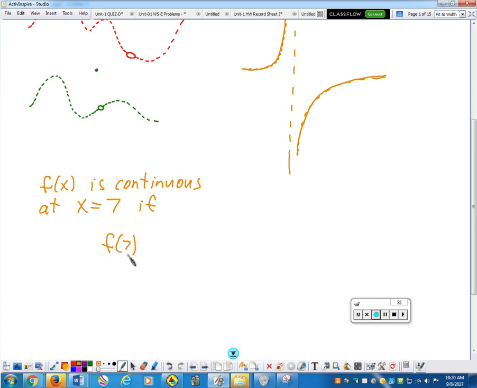There has to be a point at 7, so you have to have an f of 7 value. That value, the y-coordinate at 7, must be the same as, or infinitesimally close to, the value of the y-coordinate on the right. We've talked about what that means: you're finding the limit as x approaches 7 from the right. Those two must be the same. That's what you see up here.